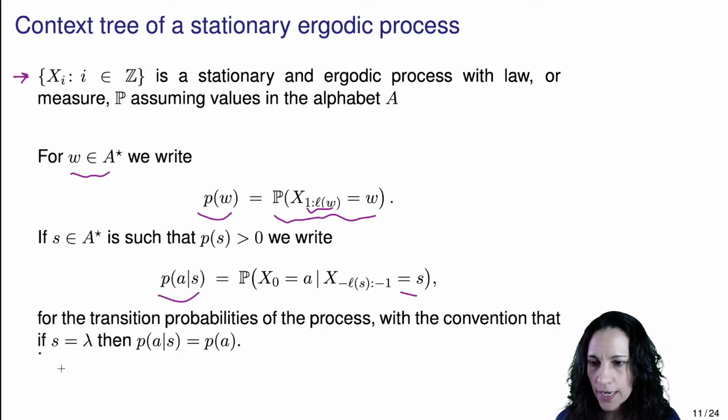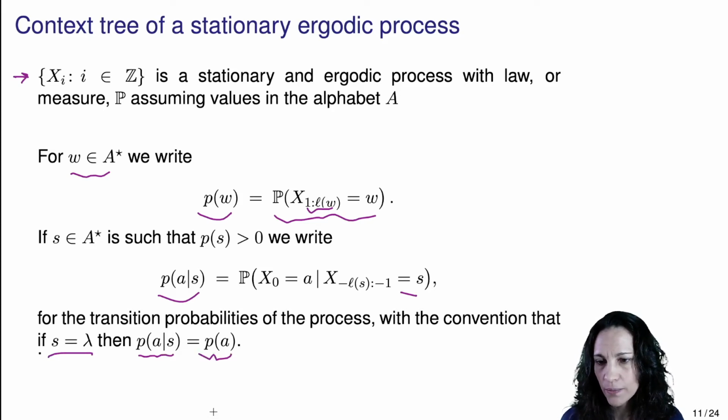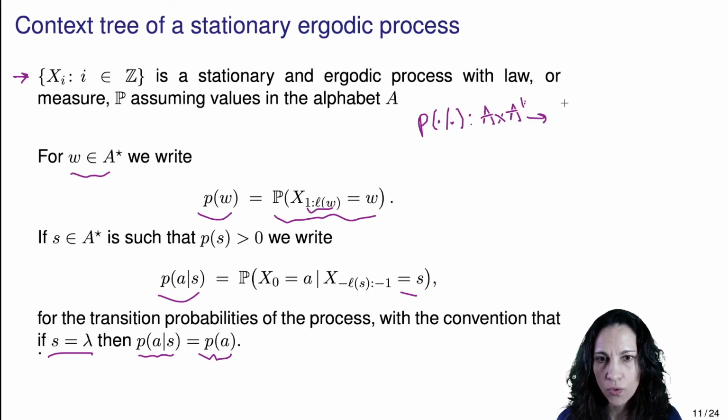In particular, if s is the empty sequence, then the conditional probability P of a given s is simply the stationary probability of the symbol a. The function P that goes from A times A star to the interval 0, 1 is called the kernel of the process.